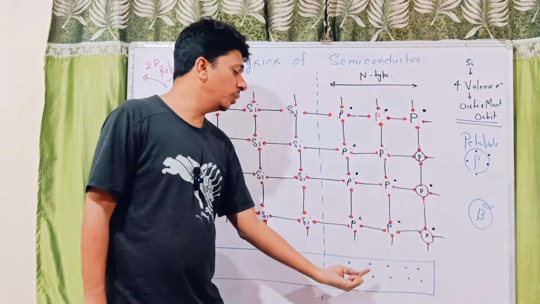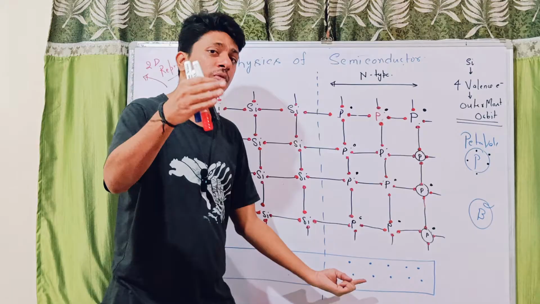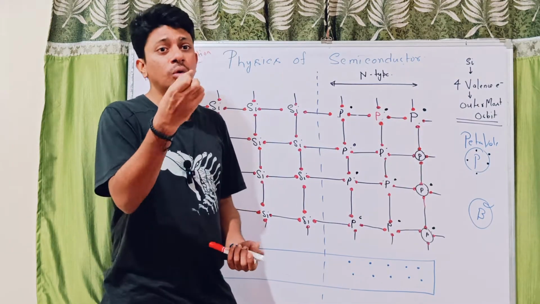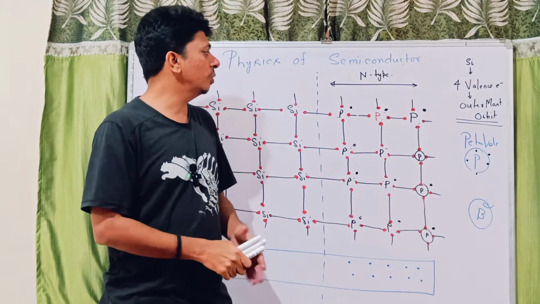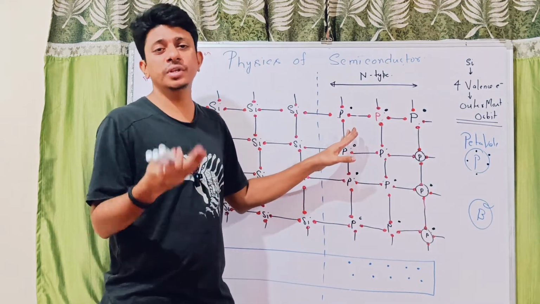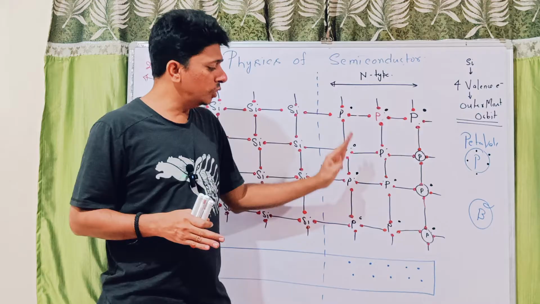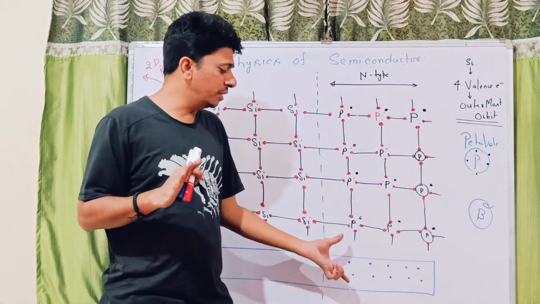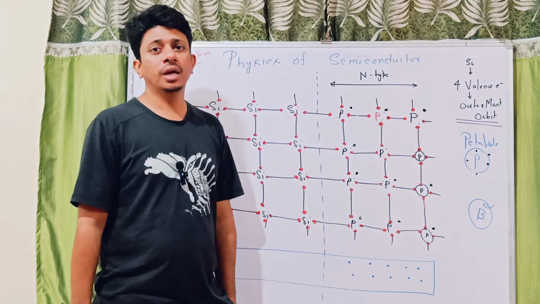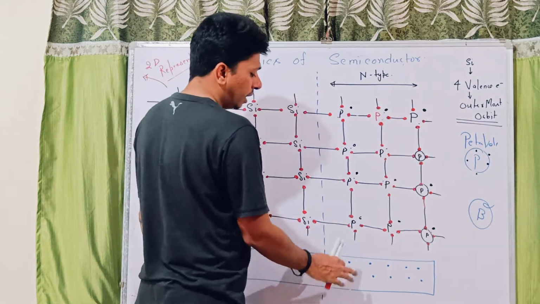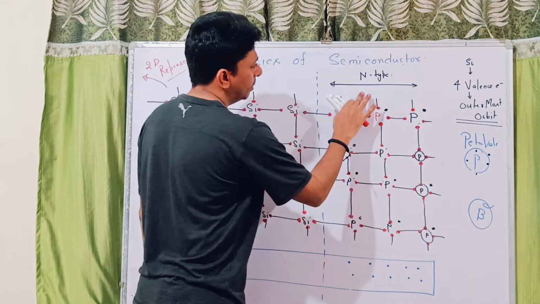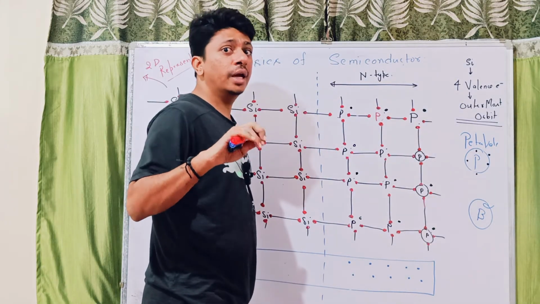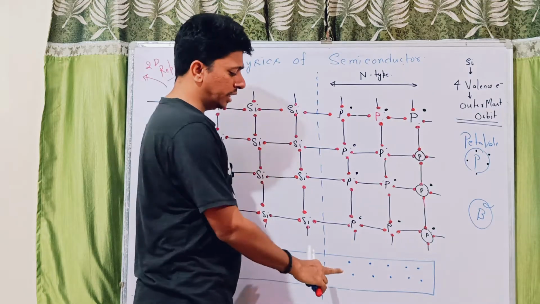But while understanding the concept, we require the covalent bonds to explain any physics. And that is why we often make mistakes, because most of the time in books, they draw this picture directly, and we think there are so many electrons in the n-type region. Yes, there are, but not so many electrons, only extra electrons, and that is why they are represented.